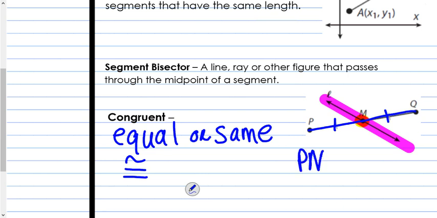So PM is congruent to QM. They are the same. Since they were cut in half, that means M is the halfway point, so it's the midpoint. Hopefully that seems very logical: it's the midpoint, it's the middle.